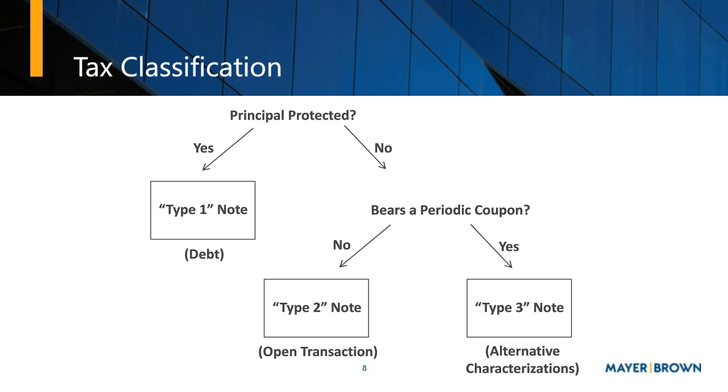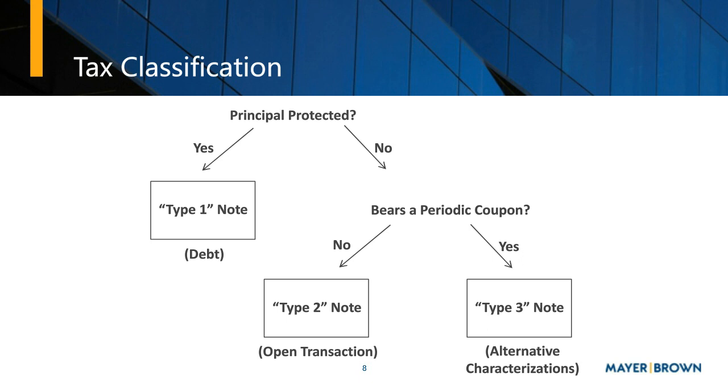If the answer to the first question is no, the note is not principal protected, then we get to a second question, which is, does the instrument or the note bear a periodic coupon? If the answer is no, so that means the instrument is not principal protected and does not bear a coupon, we're going to treat it as a type 2 note, which is essentially an open transaction, and we'll get to a little bit more of the details on that one as well.